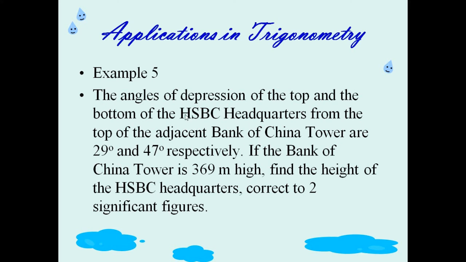That means in the building of the HSBC headquarters, you have two angles of depression, one to the top, and one to the bottom. If the Bank of China is 368 meters, find the height of the headquarters.